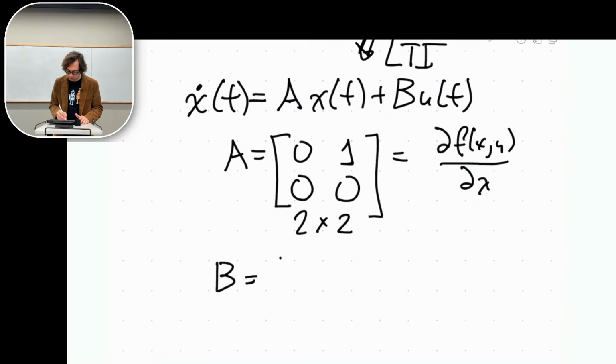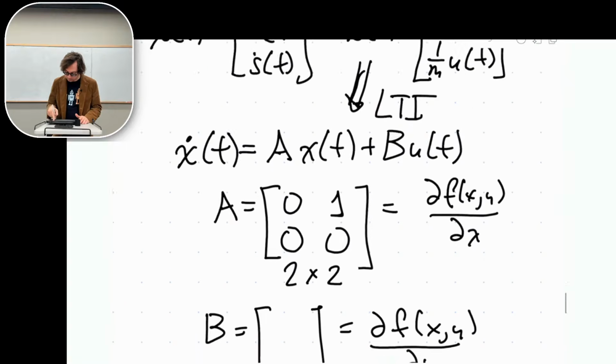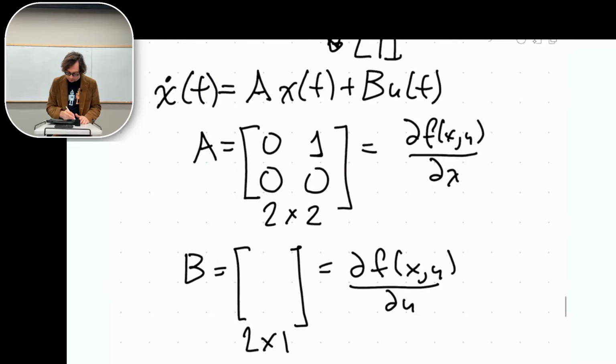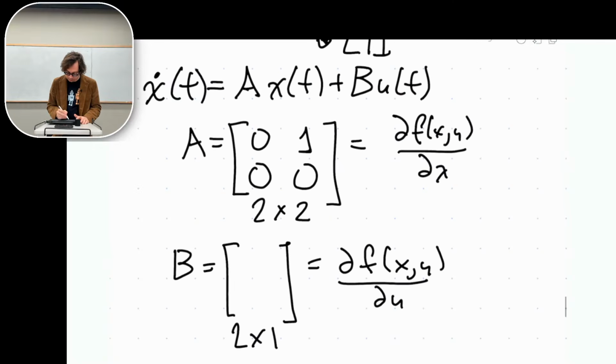In our B matrix, it's going to be a 2 by 1. That's the partial of f of x, u, partial u, our control input. So our first row, partial u, I don't see any u's, so it's 0.